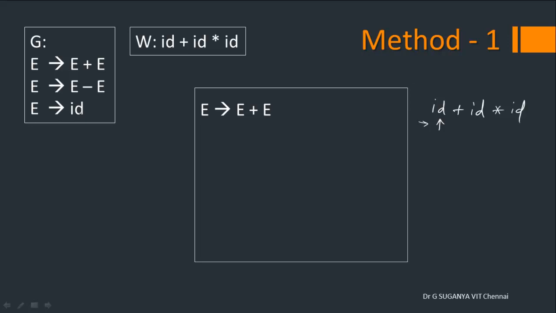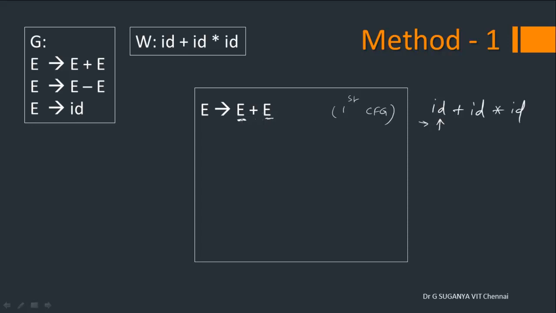Yes, we have a production E gives id, but if you use this production, only one operand id could be generated. But this word has combinations of more than one operand with plus and star operators. So you can generate like this: E gives E plus E, which is the first production in our CFG. Both are non-terminals. You can see this E is a non-terminal, this is a terminal, and this is a non-terminal, and hence this can also be expanded and this can also be expanded.